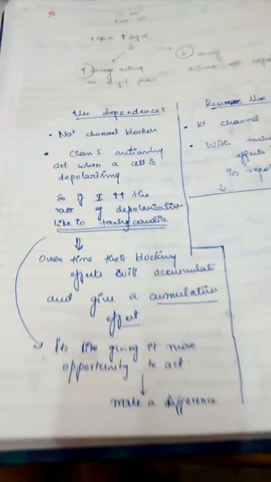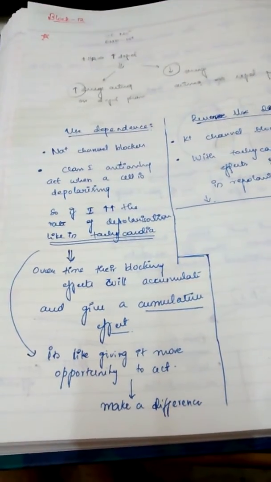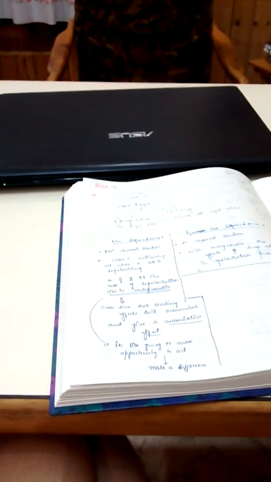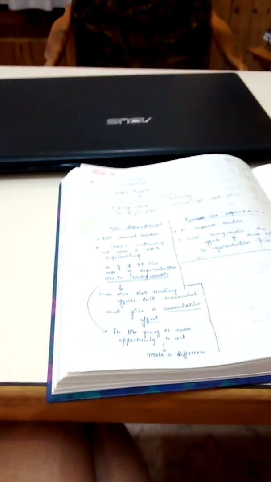If I had to quote an example for this, suppose you're having more fires in buildings, so you tend to call the firemen more often, so you're giving them more opportunity to act, and then you say they've done something.